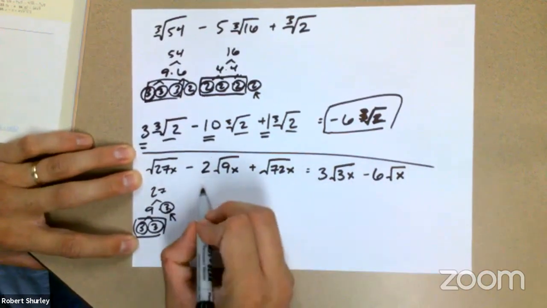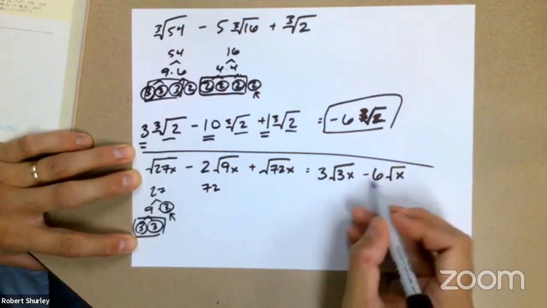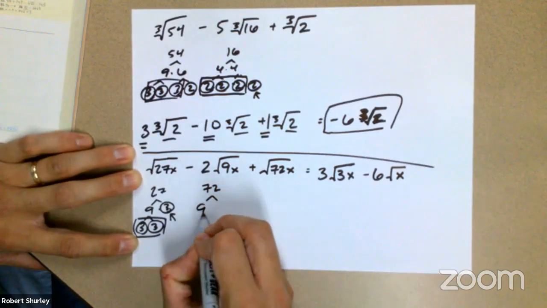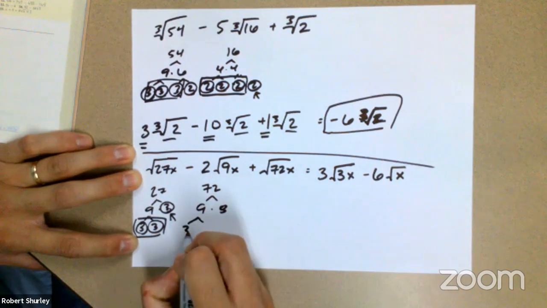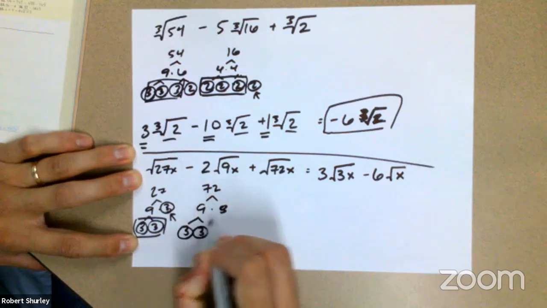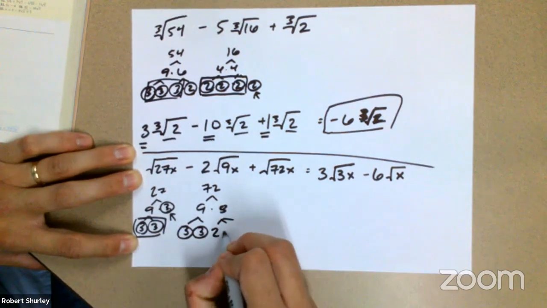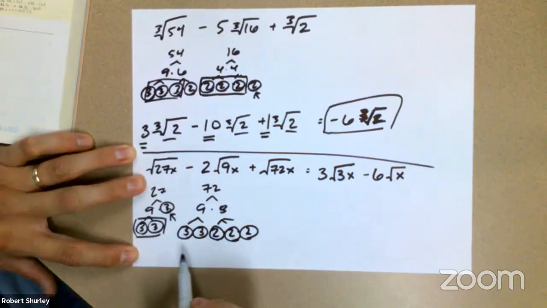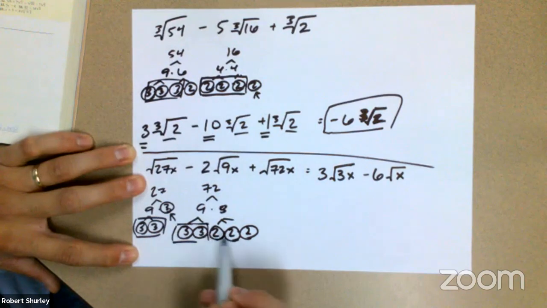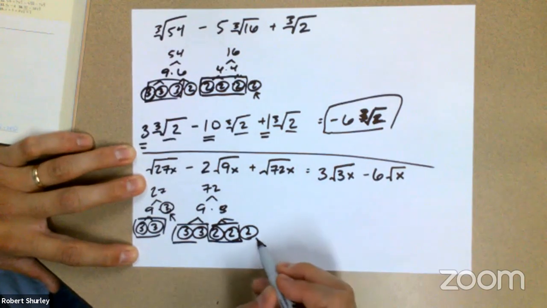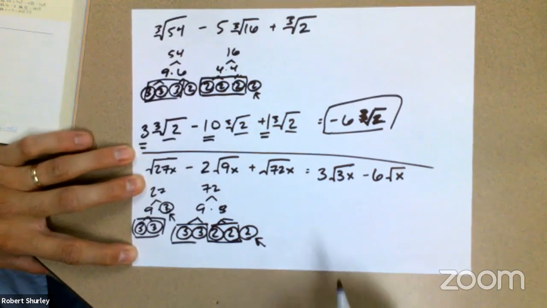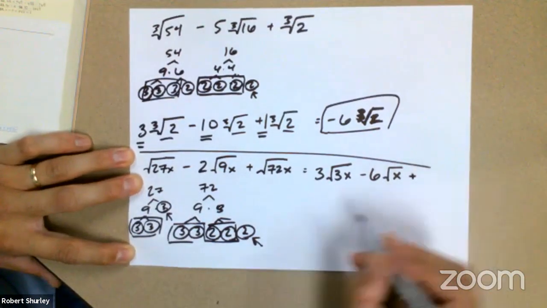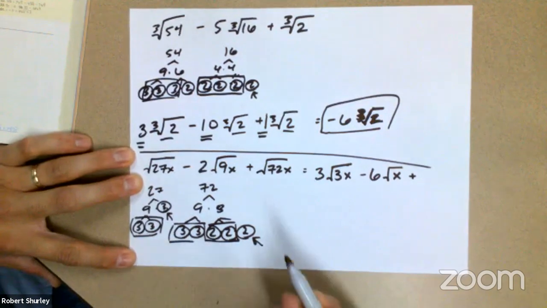Let's see if this last one maybe turns into something we can add to one of these two. Gosh, 72 is 9 times 8. 9 is 3 times 3. 8 is 2 times 2 times 2. I'm going to skip the 4 times 2 part. Now I can take out a 3. I can take out a 2. I'm left with a 2, though, with 72. So when I do that, that's a plus. I've got to multiply these when I take them out.